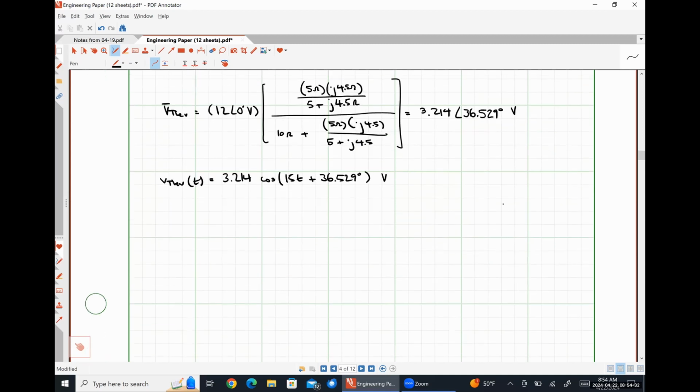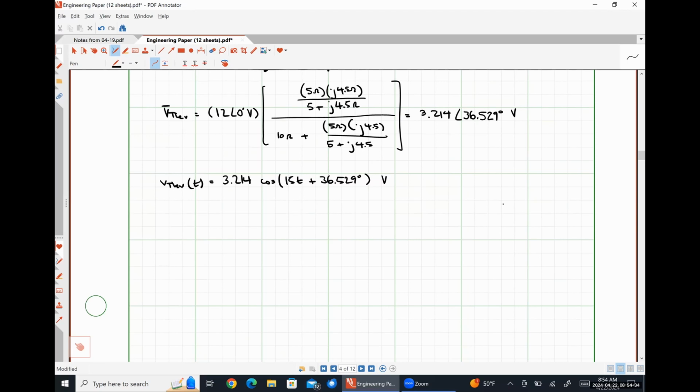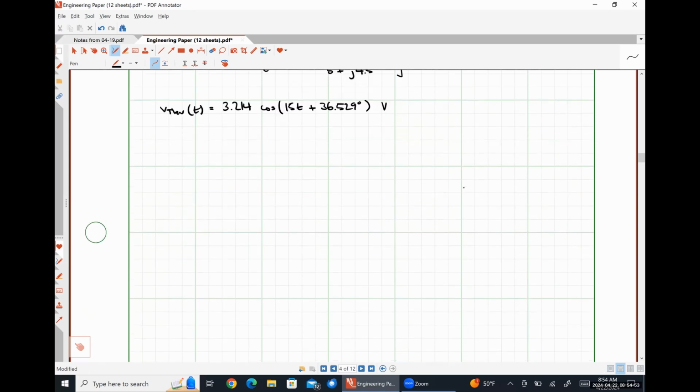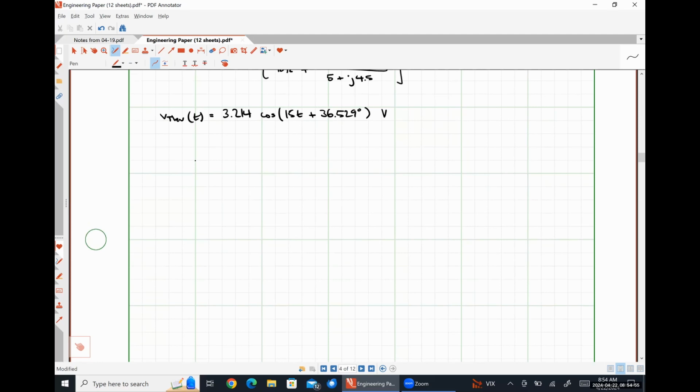Okay. So now we need to find our Thevenin impedance. How do we find Thevenin impedance? Or let me ask it, how do we find Thevenin resistance if this were a DC network? But we need to be looking at a live network or a dead network. Dead network, right? So we're going to combine all of our impedances together. To turn off our voltage source, we replace it with a short circuit.